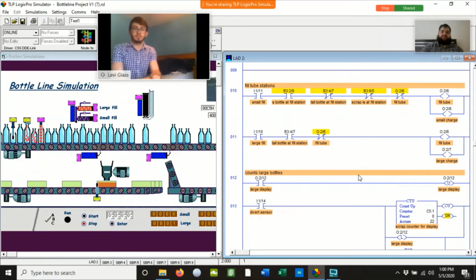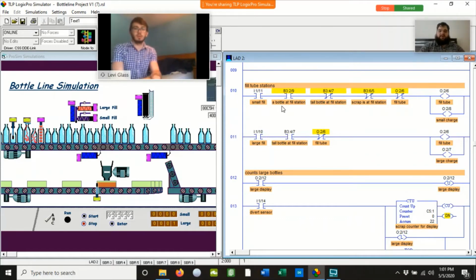So in the fill station, we have our small fill. Currently, we have the limit switch to that fill sent to the fill output, which would actually not be needed. So we can take that out, because that will not actuate until the tube actually turns on.